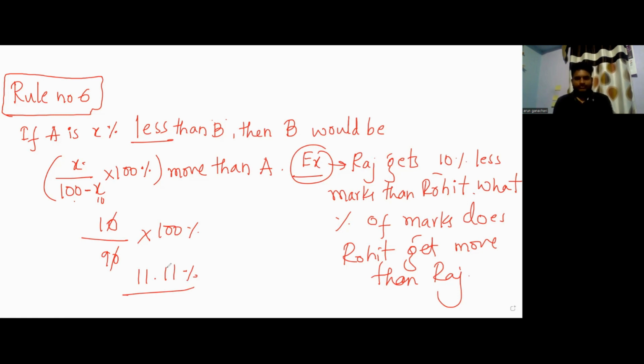You think you can manage this? Yes, sir. Okay, let's do one final example before we move on to the next concept. Meeting is ending in 4 more minutes. We'll have one more session, one final session. Percentage is a little bit lengthier thing, so we'll have one more session that will finish off your theory part. So we can do only sums in your next session. I'm a bit free this week, so probably we'll have regular classes almost every day.